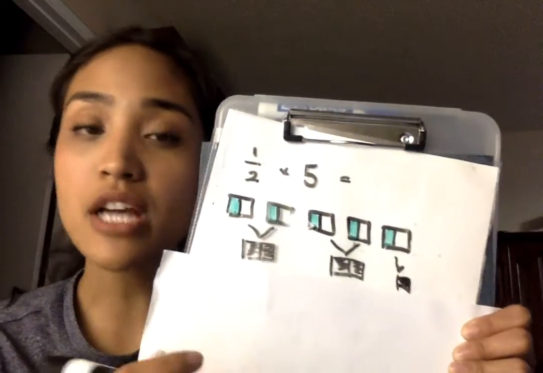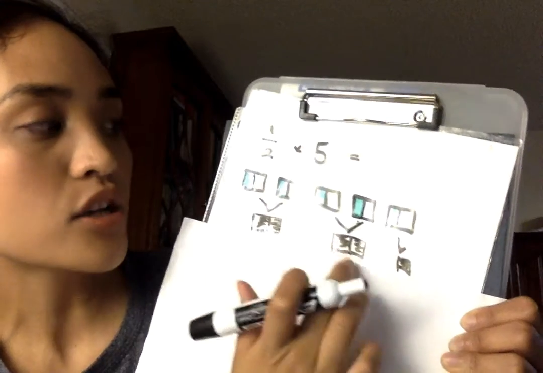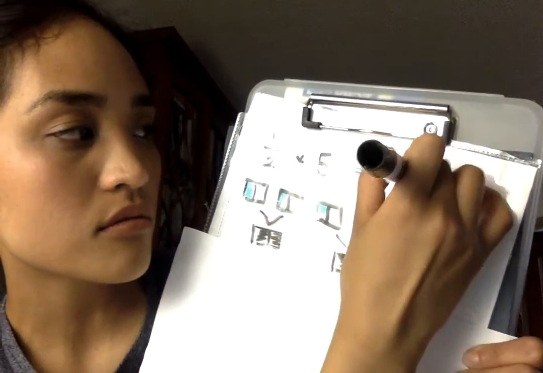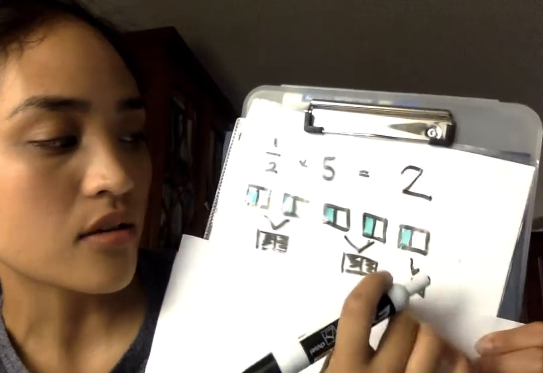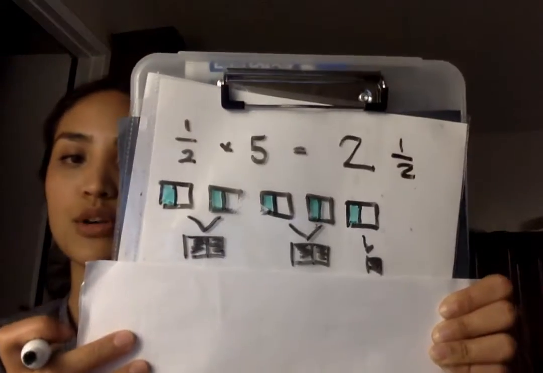Now we can count up our wholes and our half-size pieces. We have 2 wholes and 1/2. Pretty simple, right?